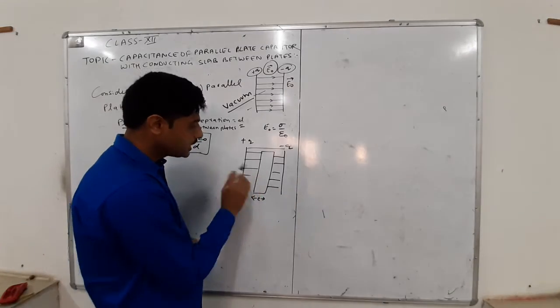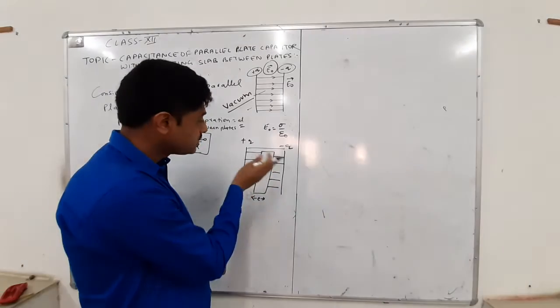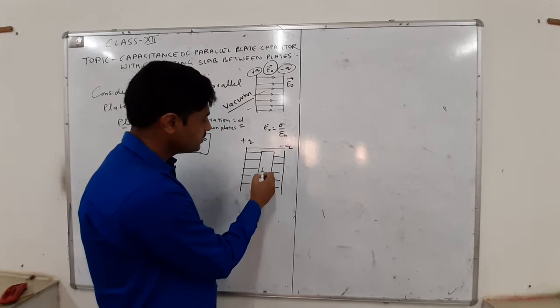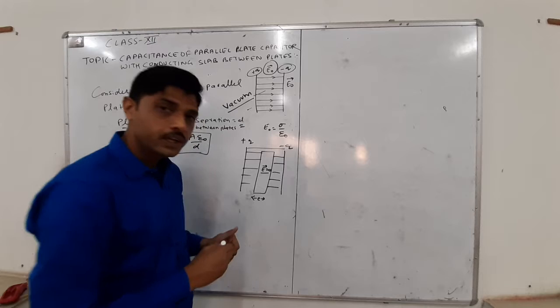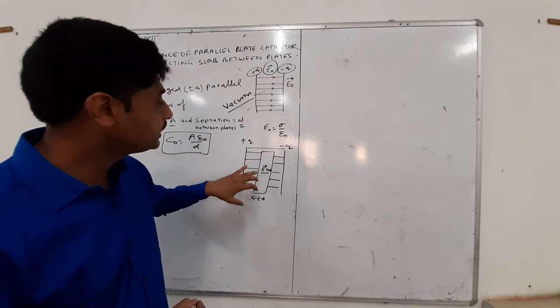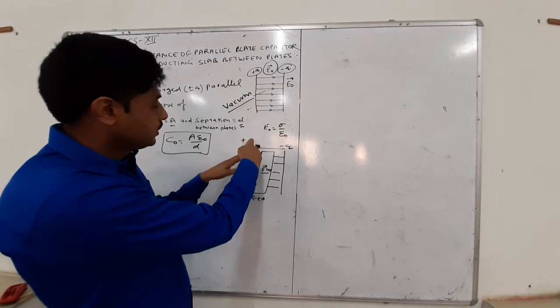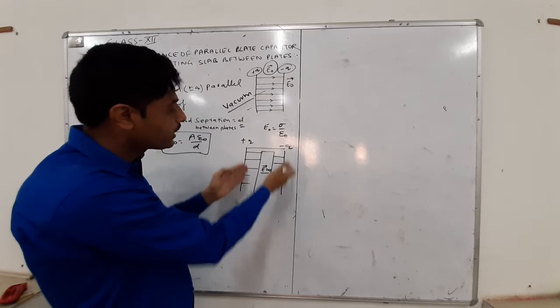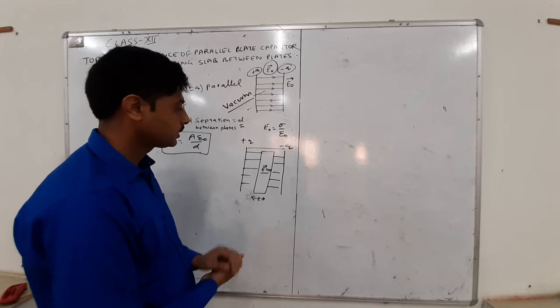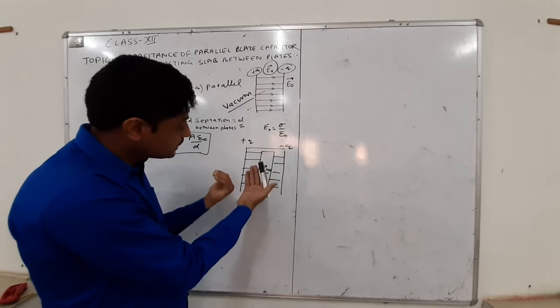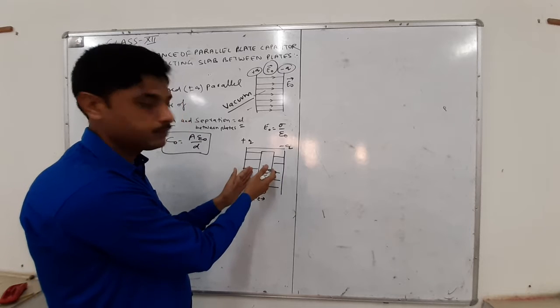It means the electric field intensity inside a conducting slab is 0. It means the electric field lies only in the vacuum region on either side of this slab.